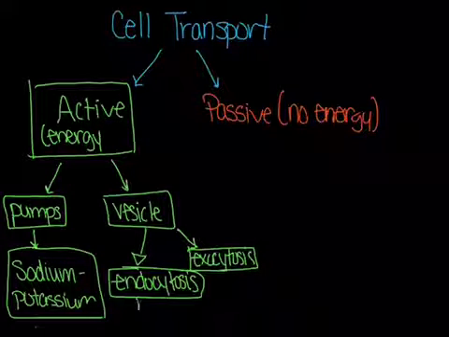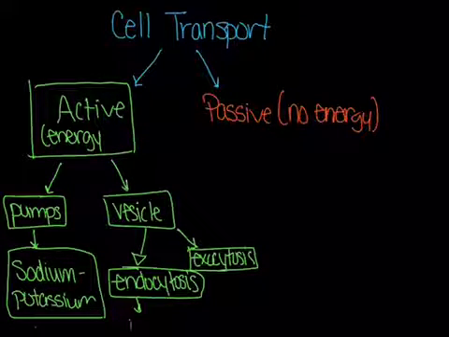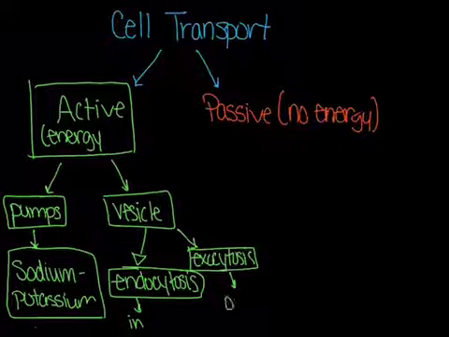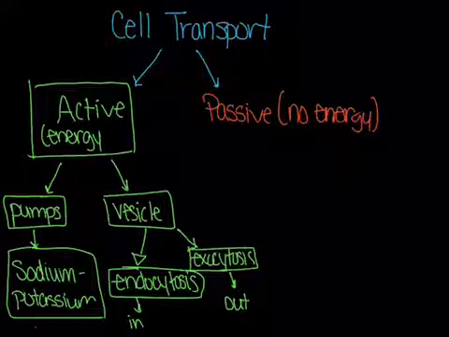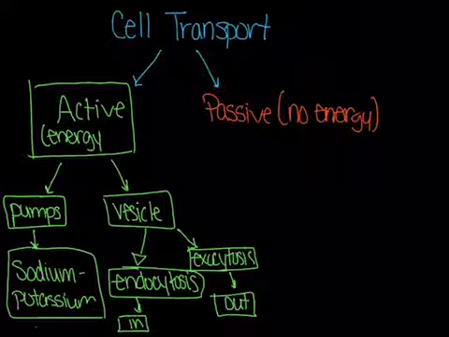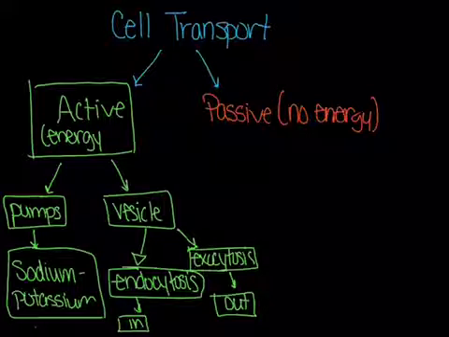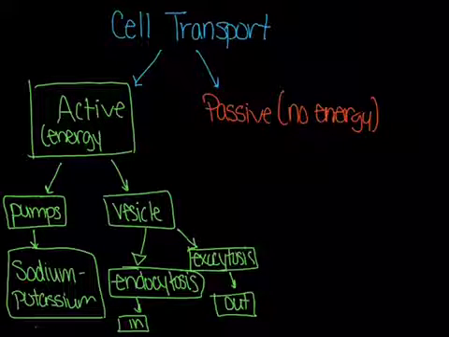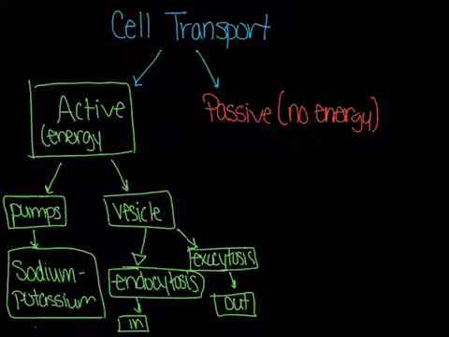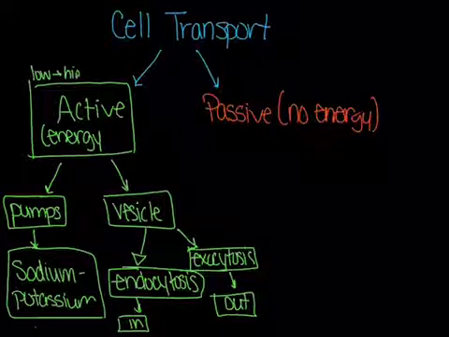Remember, endocytosis, things go in. Exocytosis, molecules go out. And both of these, whether it's pumps or vesicle transport, requires energy because we're going from low concentration to high concentration.